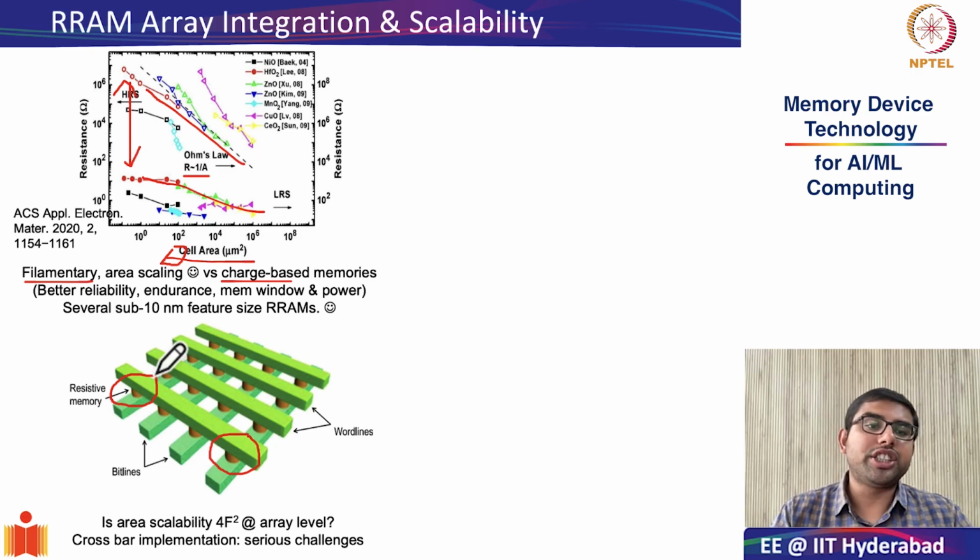So the important question to ask is, does the area scalability of 4F squared also get maintained in RRAMs when you go to the array level?